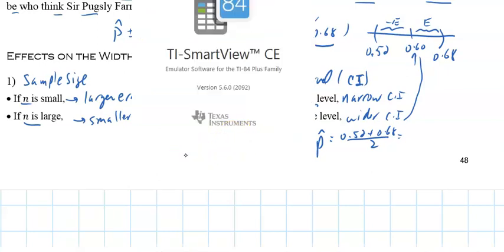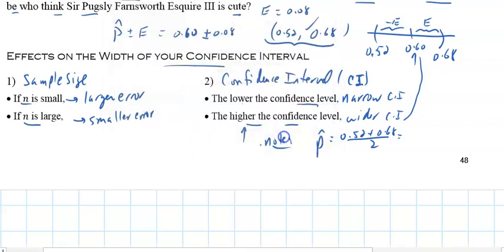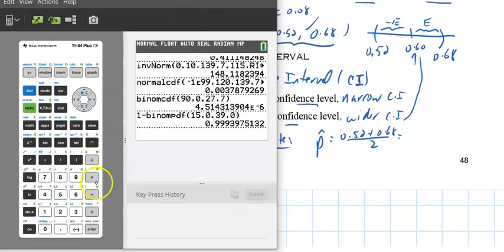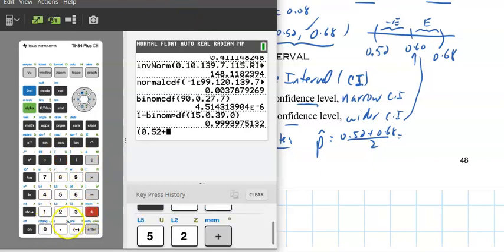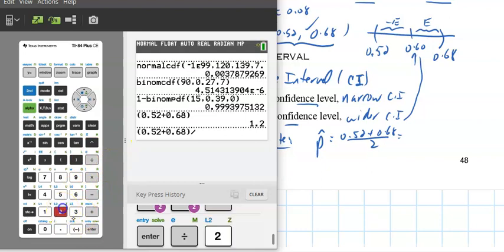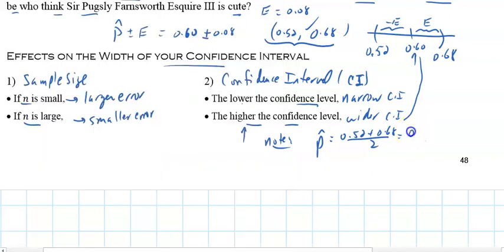I didn't think we were going to calculate anything in this lecture, but I was mistaken. So that's 1.2 divided by 2, or with parentheses, 0.52 plus 0.68. You don't have to do that, you could say it's 1.2 divided by 2. One shot. I just want to show you that. And that gives you 60%.